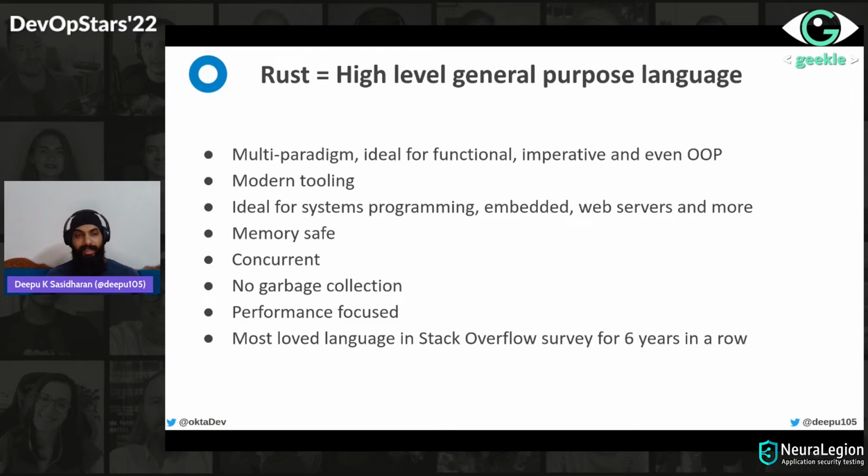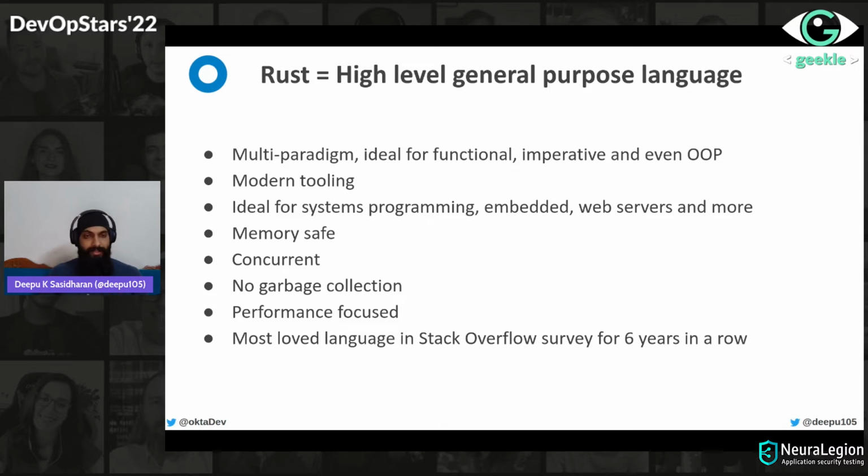We might not be needing containers anymore. And I think one of the founders of Docker said that if there was WebAssembly when they were coming up with Docker, they probably would have just used WebAssembly instead of building Docker. So that's how important WebAssembly is, and Rust is one of the best languages to work with WebAssembly.